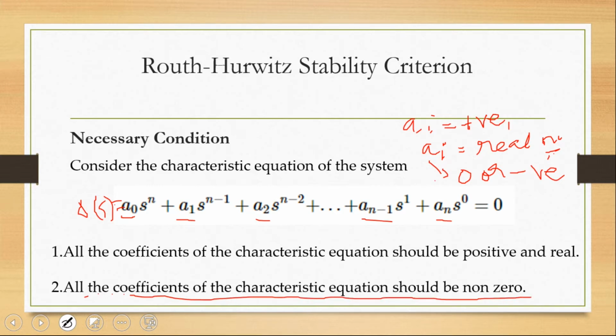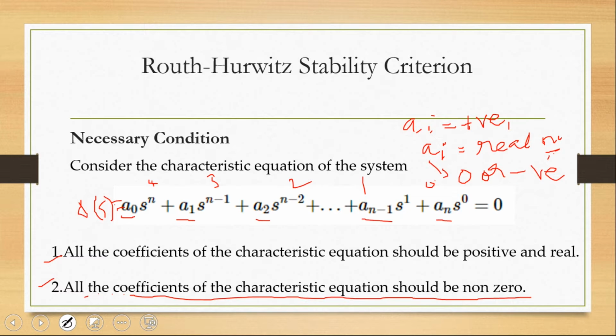That means if n is 4, you should have the powers 4, 3, 2, 1, 0 in order, else the system is unstable. If these two conditions are satisfied, then the necessary condition is satisfied for the stability of a given system.